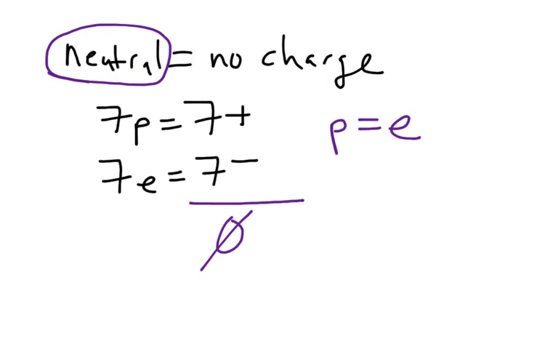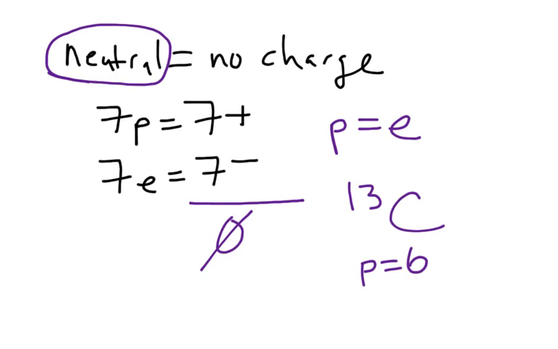Okay, let's take a closer look at carbon-13. Let's do the P, N, and E, which is the protons, neutrons, and electrons for carbon-13. If you look on the periodic table, you'll see that the atomic number for carbon is 6. So the number of protons that all carbon atoms have is 6.